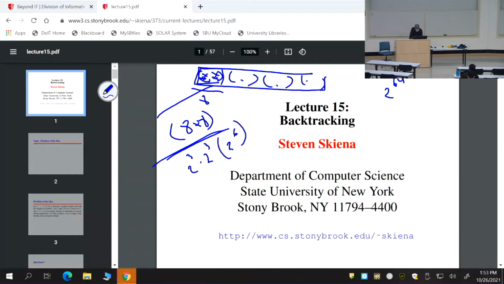What's 2 to the 6th raised to the 8th? Okay, that is going to be 2 to the 48. Does everybody agree this is wildly smaller than the bit vector thing, but it's still a large number?